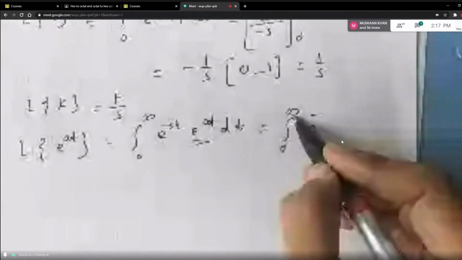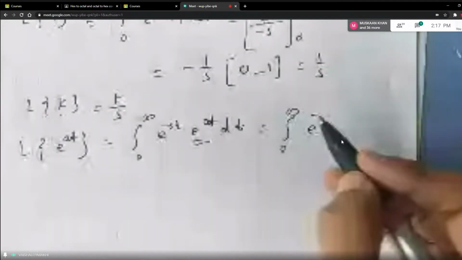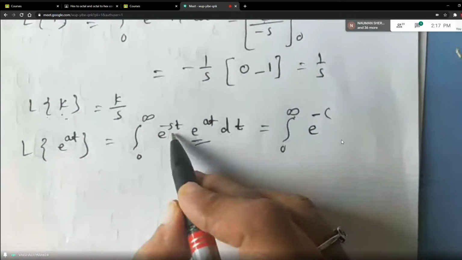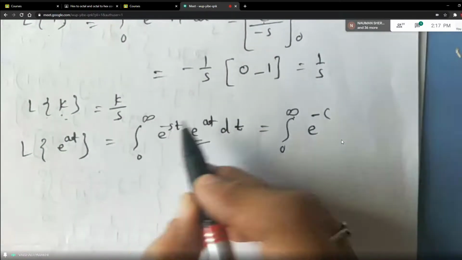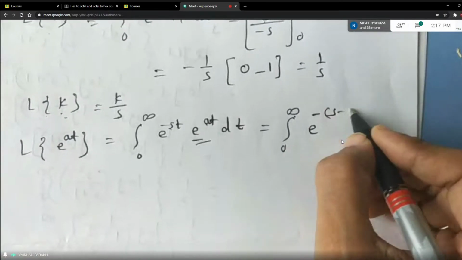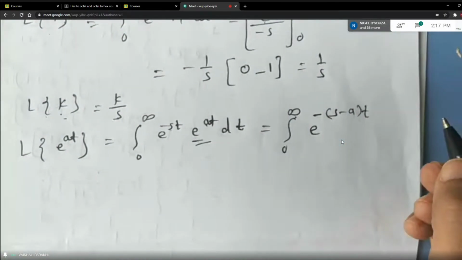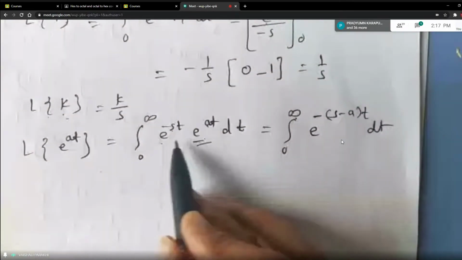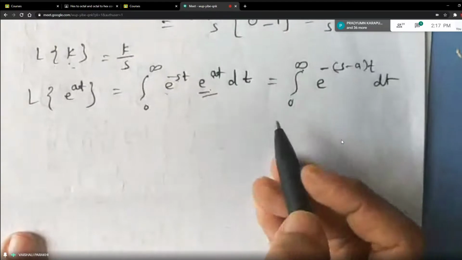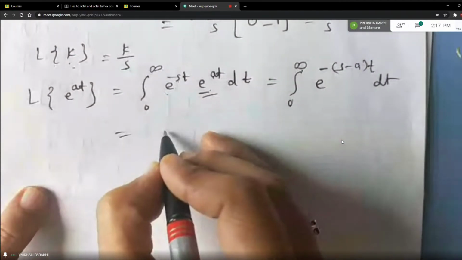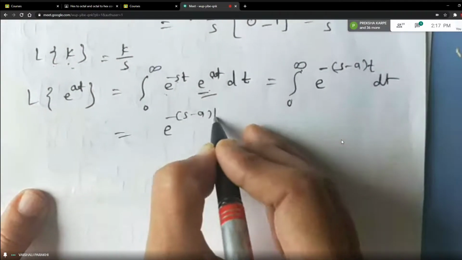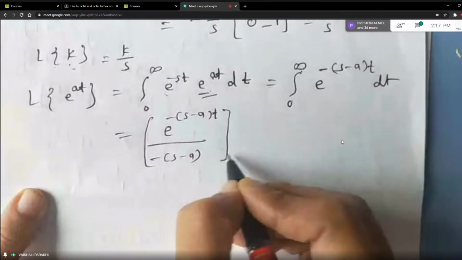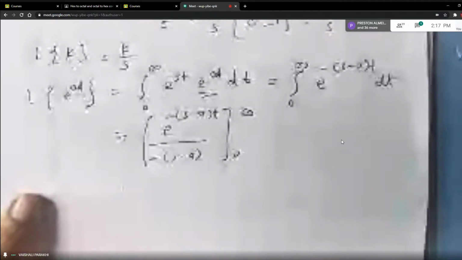Why? Because the upper limit is infinity and anything raised to minus infinity goes to 0. So when I take the minus sign out, this minus will become plus, plus will become minus, and t is common, and then dt. Nothing else I did, I just combined these two terms. And now the normal integration: e raised to minus (s minus a) t divided by minus (s minus a), and the limits are from 0 to infinity.